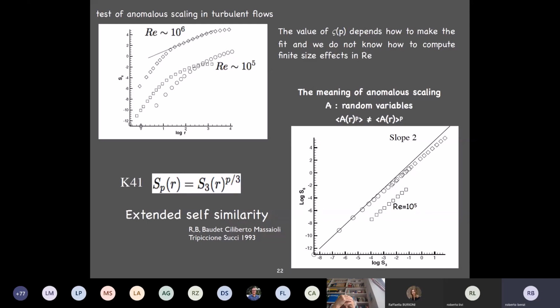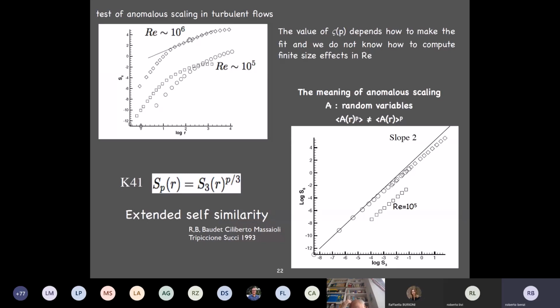Now, you see here a case with the sixth-order structure function with respect to the third, and the Kolmogorov prediction is this line here, with slope 2, and this is what you observe with the same experimental points that were used in this figure.